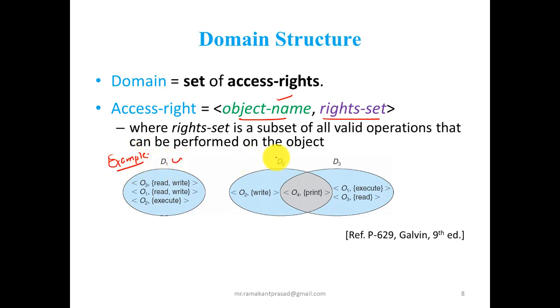The domain D1, domain D2 and domain D3. There are three domains here. A domain is an area in which you can access. So these are the areas of domain 1, domain 2 and domain 3. Here, this is the first parameter, the object name. So object 3, object 1, object 2, and this is the right set.